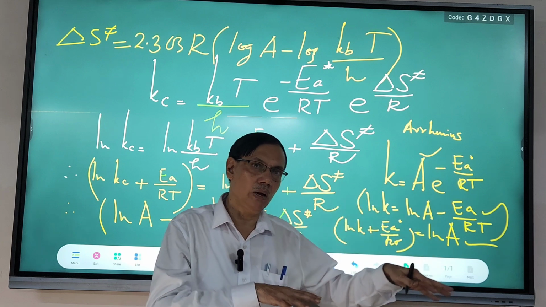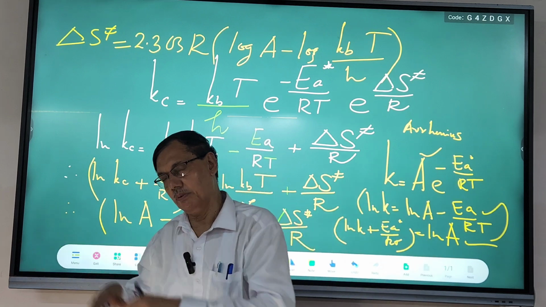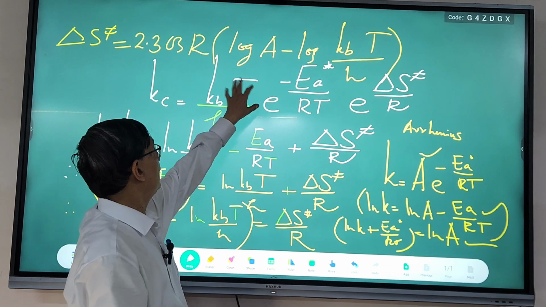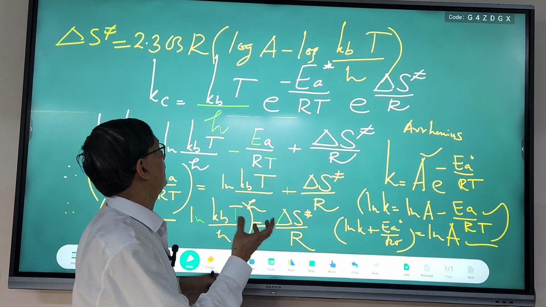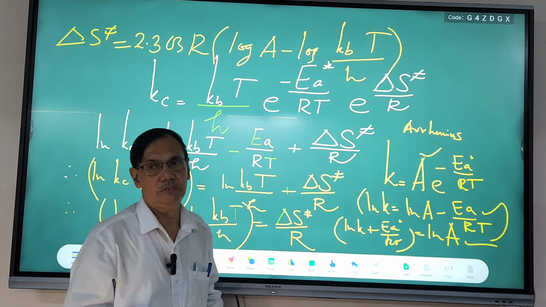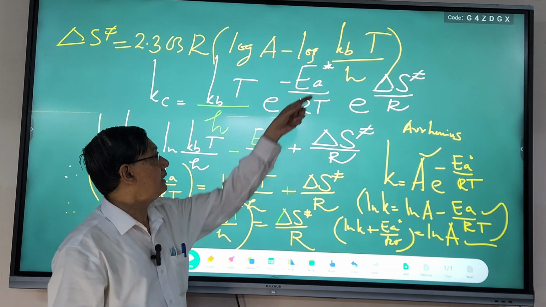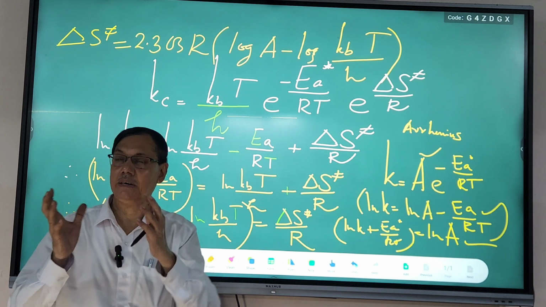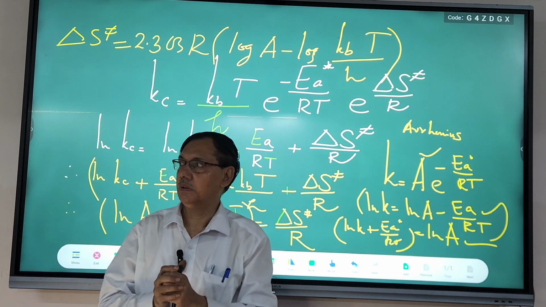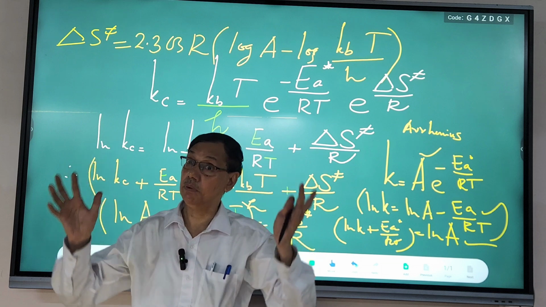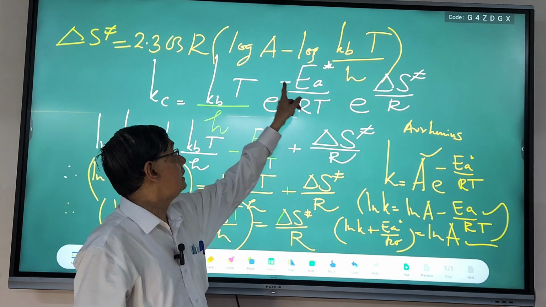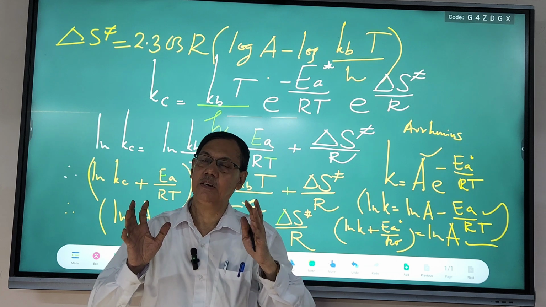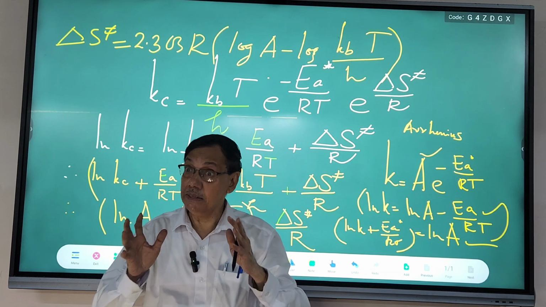Some reactions are unimolecular, some reactions are bimolecular. Yesterday also I discussed that if log of A is suppose very high, 25, and that part is 20, so it is a positive value. The entropy of activation is a positive value. This indicates it is a unimolecular type of reaction. But suppose this is 20 and this is 25, so it is a minus. The entropy of activation will be minus.